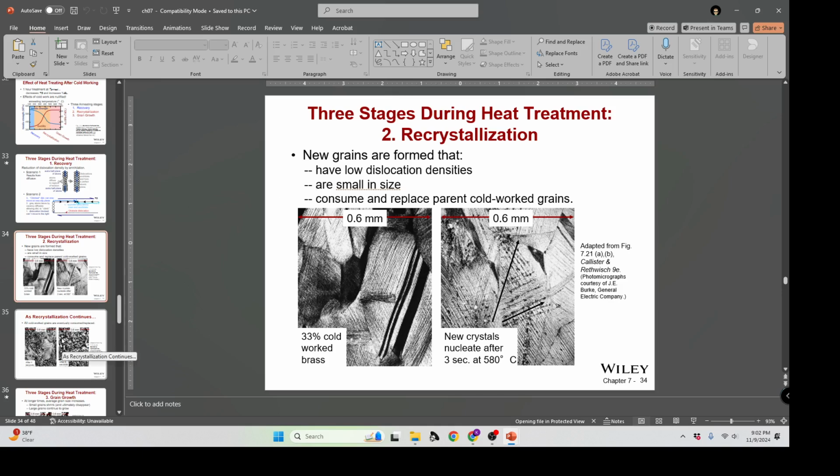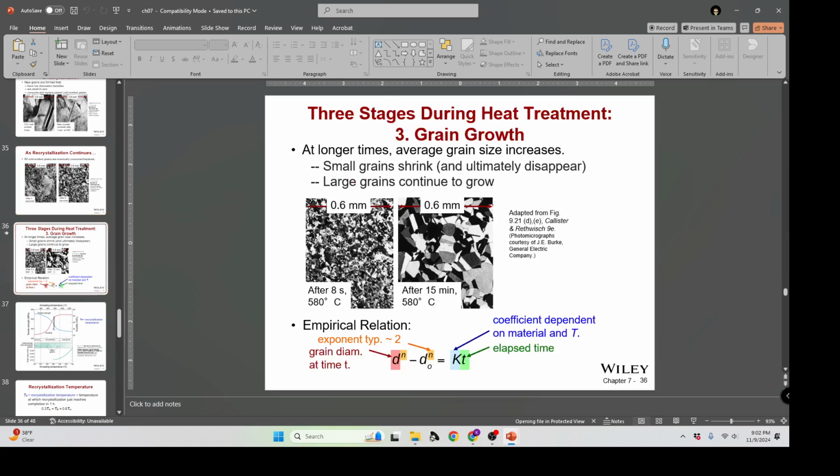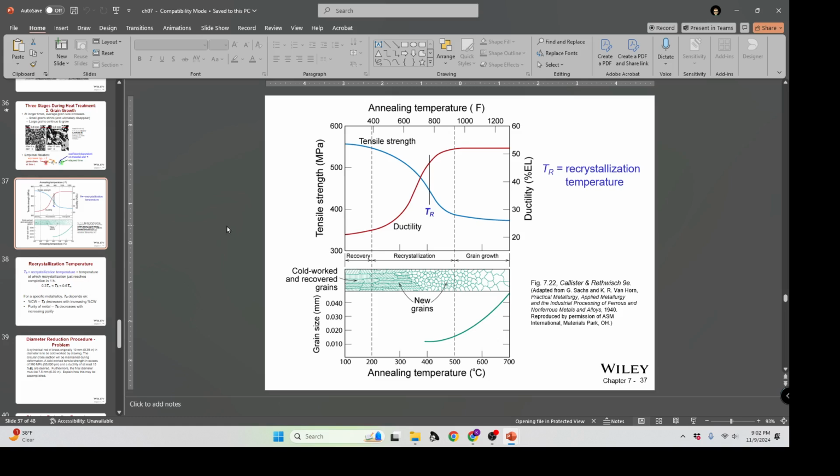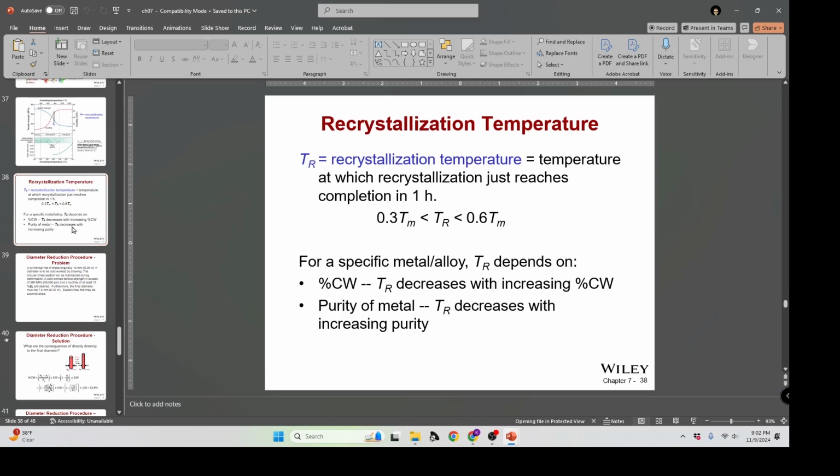So recrystallization, really very important from large grains to smaller grains, improving hardness, then grain growth after longer times at those elevated temperatures. And depending on what you're trying to do, you change the temperature at which you're doing them to start recovering from the effects of the cold working.